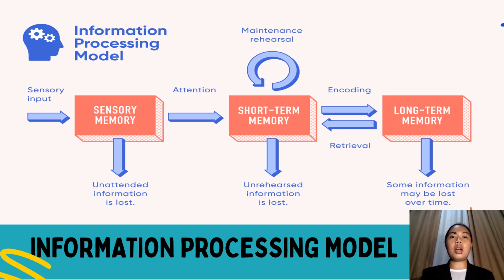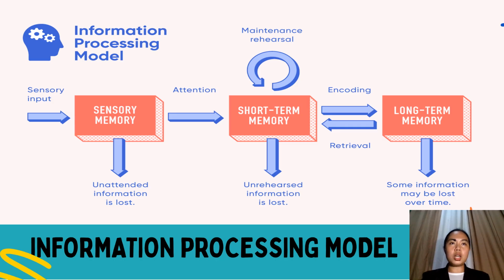So here's an overview of the model. The first one is sensory input. So the information from the environment is received through sensory organs, for example, the eyes and ears. So this sensory information is briefly held in sensory memory, where some details may be lost if not attended to.